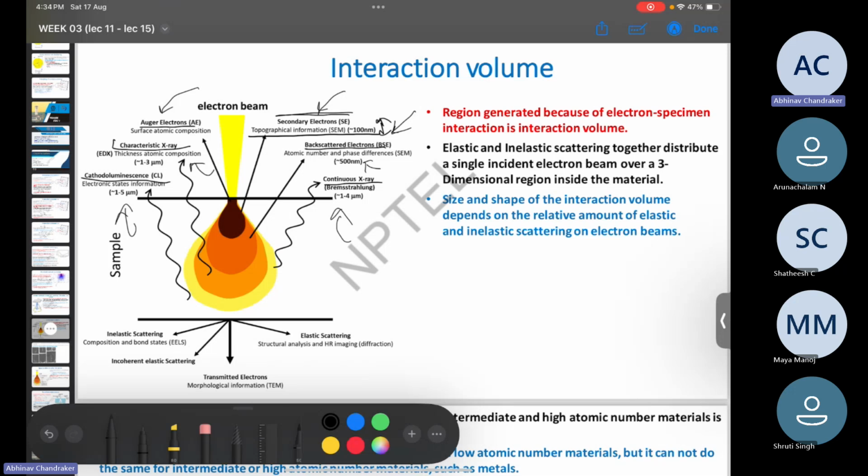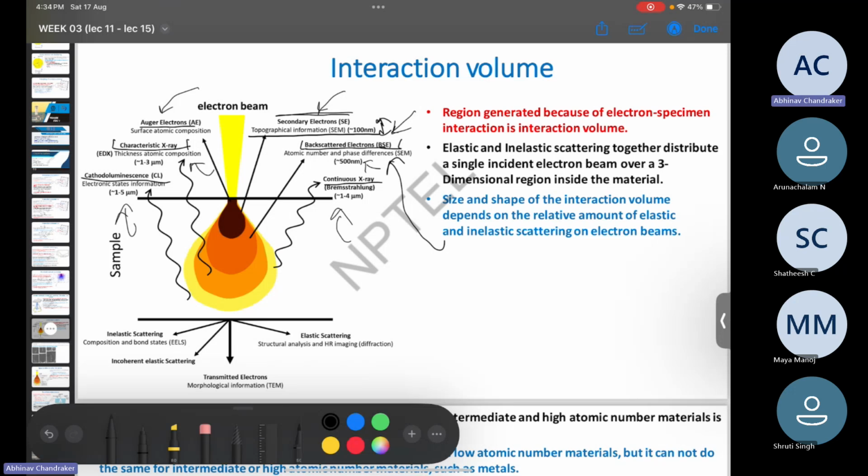But just based on seeing what information you can gain from each signal, you can tell that the backscattered electrons are basically electrons which had a Coulombic elastic interaction with the atoms in the specimen.